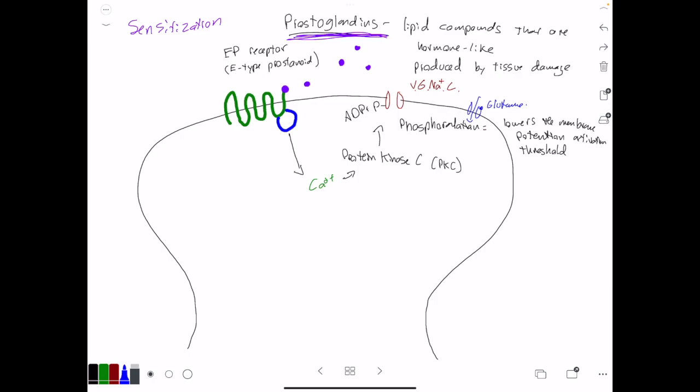And I'll also talk about another channel that they sensitize. This is something that we haven't mentioned before in class, and this is something that's called transient receptor potential channels.